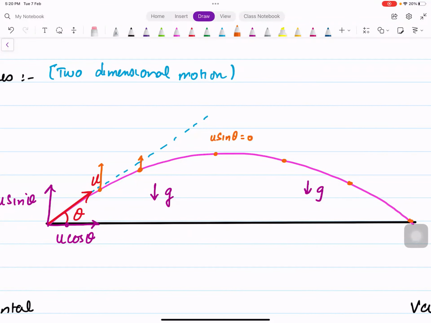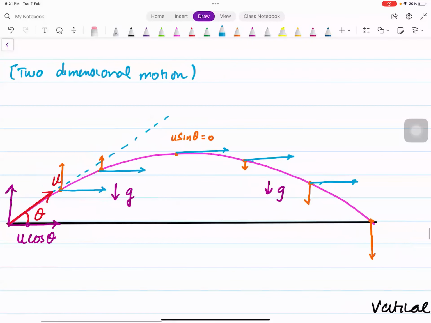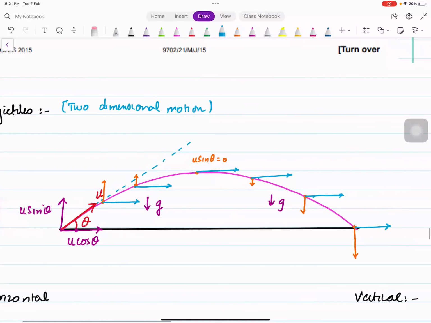And then when it becomes 0, it keeps on increasing because now it is falling down. And at the end, it is the highest anyway. But what you guys need to understand is, although the vertical velocity keeps on changing, the horizontal never changes. So at this point, or this point, or even this point, the horizontal never changes. It stays the same.